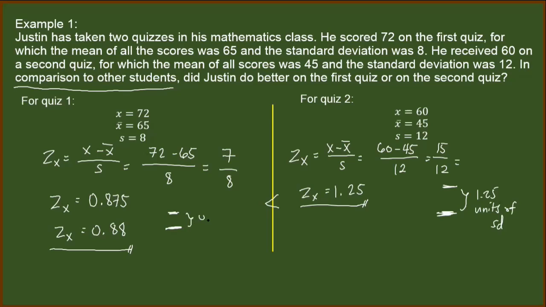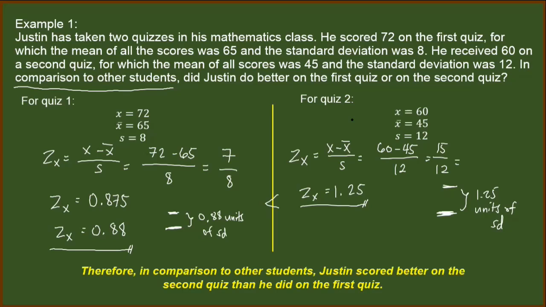Their difference is 0.88 units of SD or of standard deviation. So we can see here the difference of the scores of Justin from the mean, and we can say that his score for quiz 2 is farther from the mean, higher from the mean. That's why we can say that in comparison to other students, he performed better on the second quiz than on the first quiz.